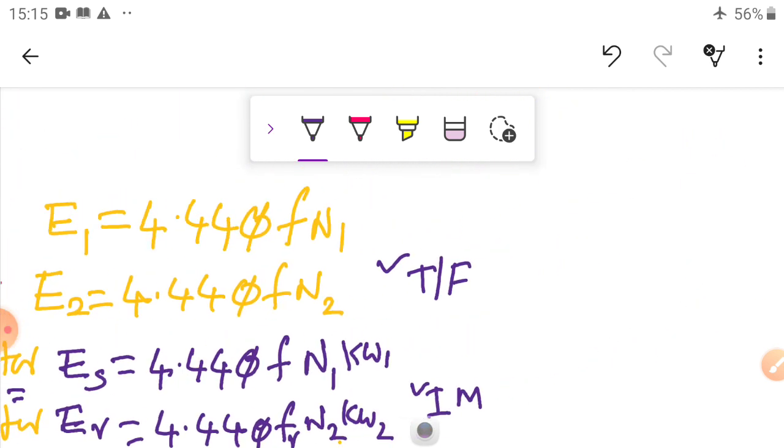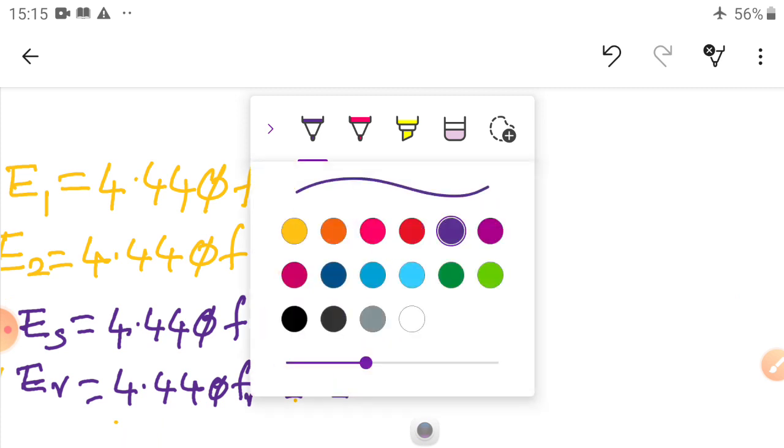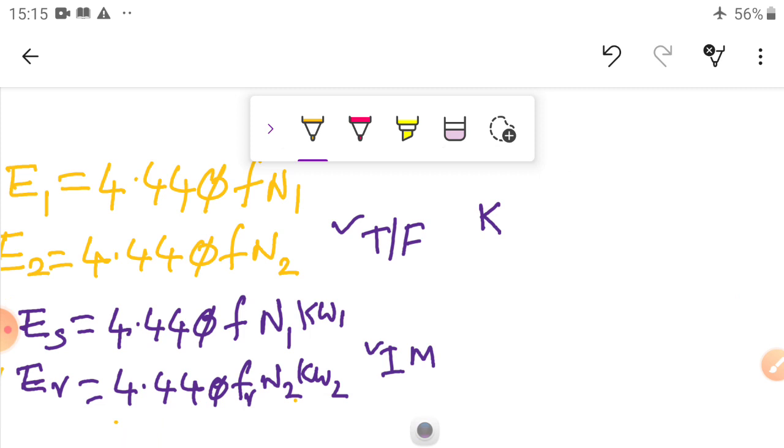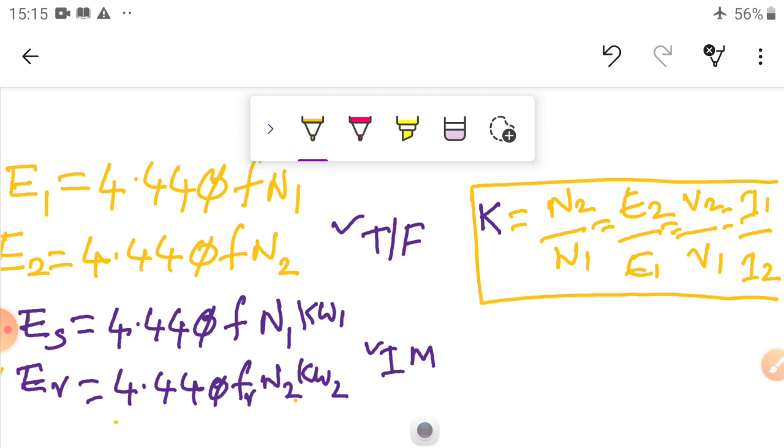As we know, in the transformer the transformation ratio K can be written as N2 by N1, equal to E2 by E1, equal to V2 by V1, and equal to I1 by I2. This is known as the transformation ratio of the transformer.